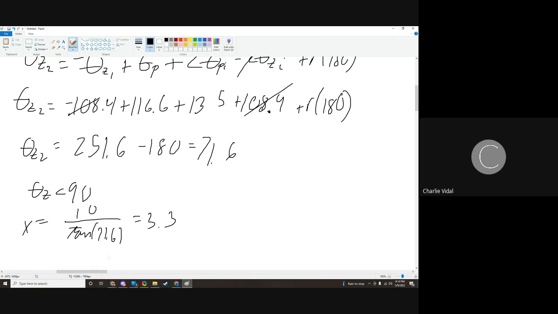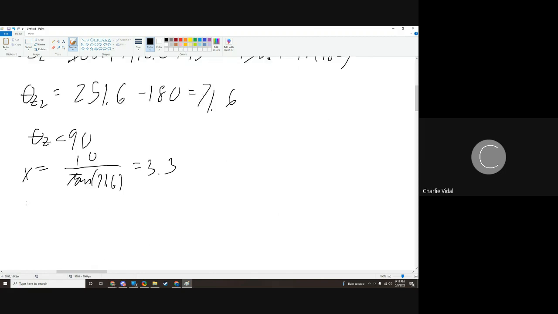And then we can find the value of z, which is 5 plus 3.3, which is equal to 8.33.